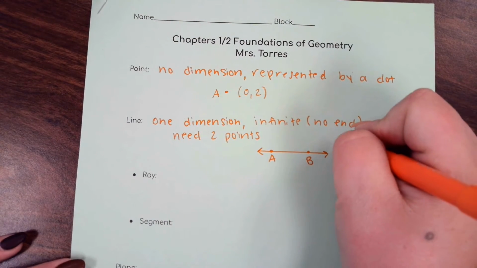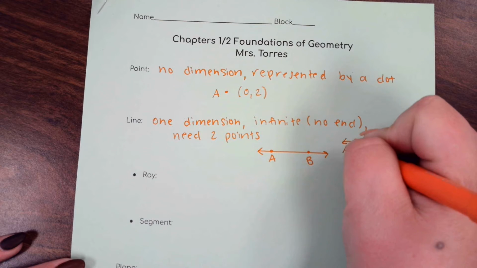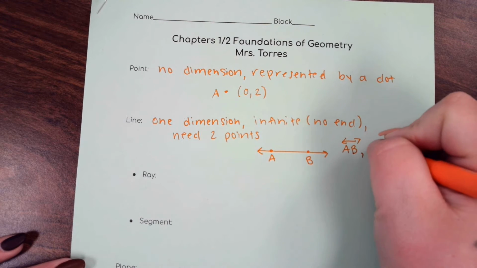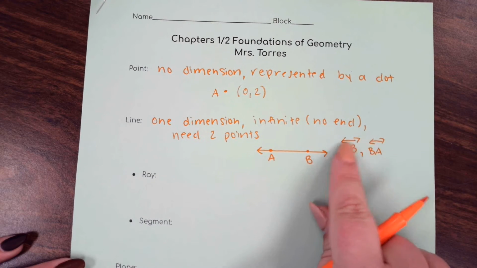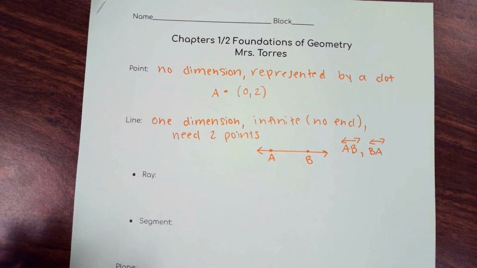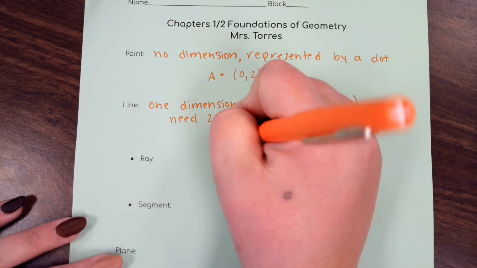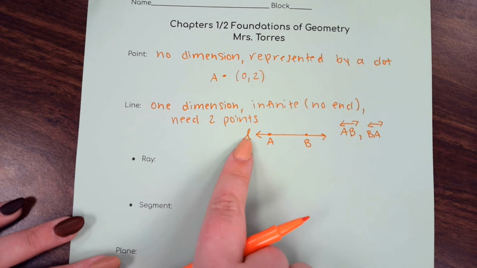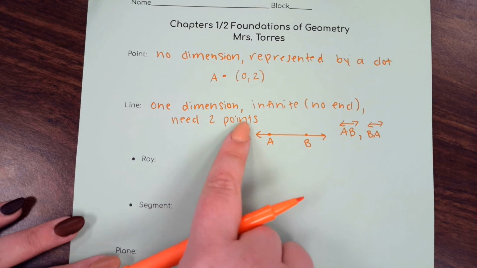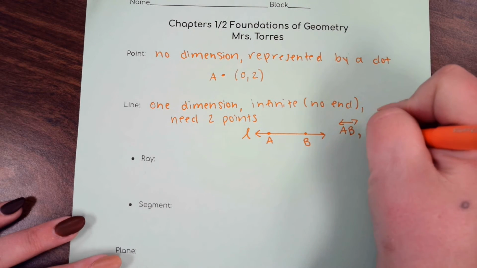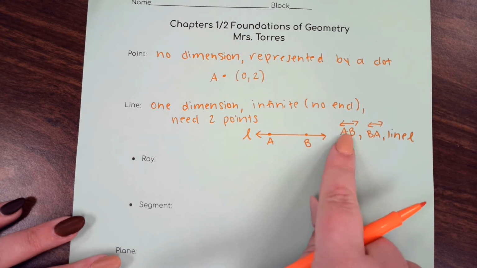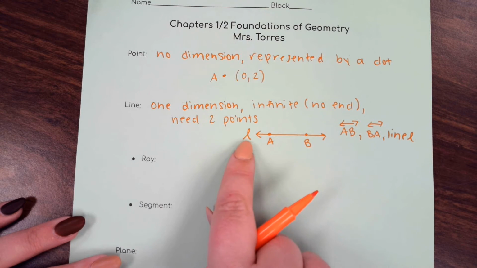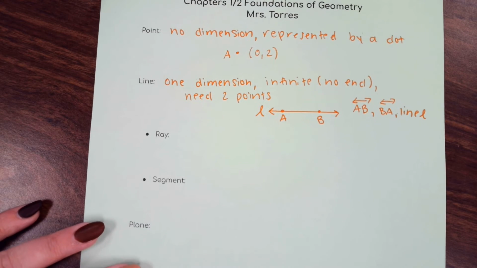We could name this line AB or line BA. So this symbol indicates line. Sometimes you might also see an italics or cursive lowercase letter here. We could also call this line L. Most of the time you'll see these. Sometimes you will see that cursive letter there.